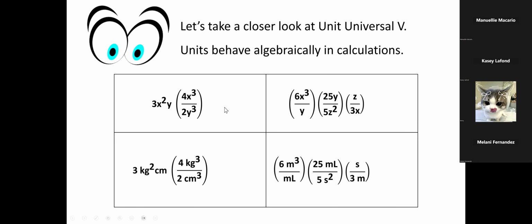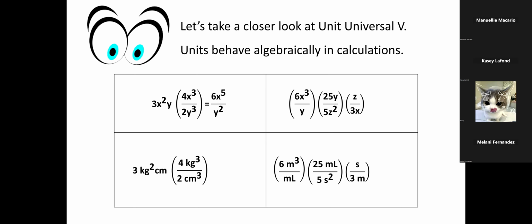But our units are going to work the same way. So if we look at the bottom right underneath that, it's very similar, except instead of x and y, I just put some units, kilograms and centimeters. And shockingly enough, it's going to give us a similar kind of result. So if we have kilograms squared times kilograms to the third, we're going to end up with kilograms to the fifth.